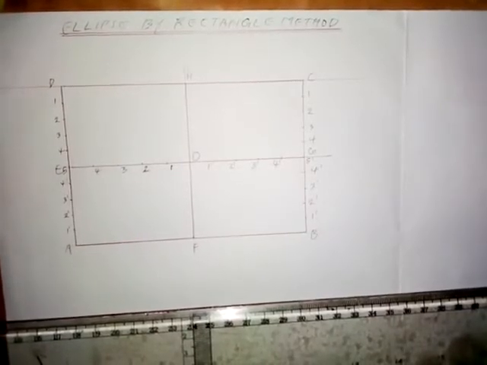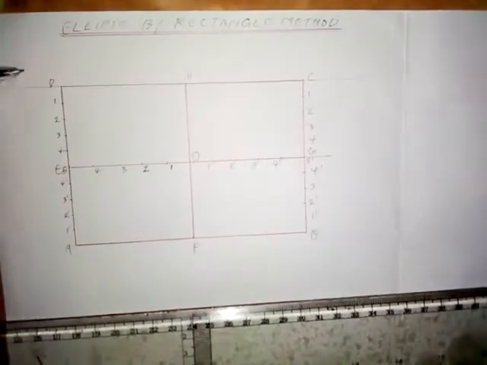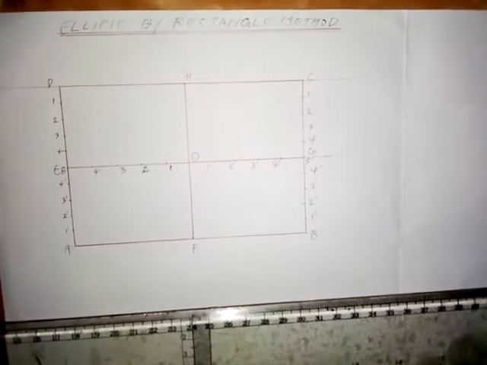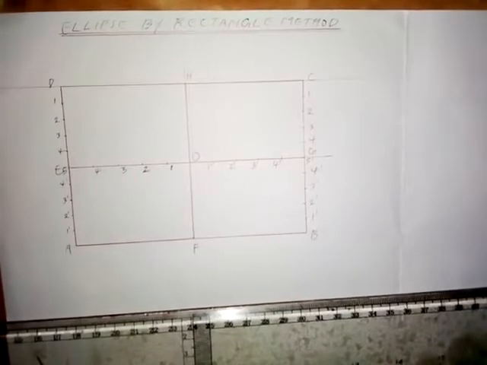Then they will also give you the major axis, which is the length of the rectangle AB, or we have EG or CD. So that is the major axis. So in whichever way it is given to you, whether it is rise and span or is the major or minor axis, I've explained what you need to know about those terms that I stated.